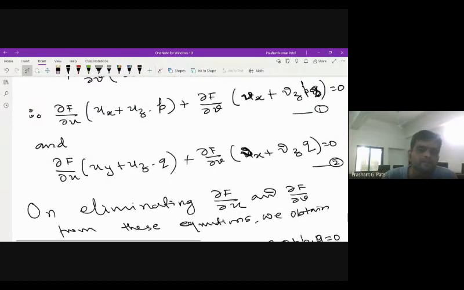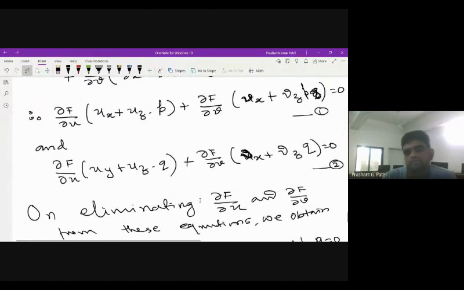Here x and y are del f upon del u and del f upon del v. So you can just multiply this quantity to this equation, or multiply this quantity to the second equation. That will eliminate del f upon del u, which gives you the equation in terms of only p, q, ux, uy, uz.